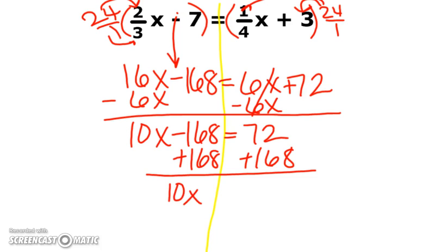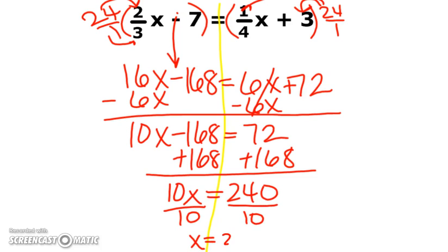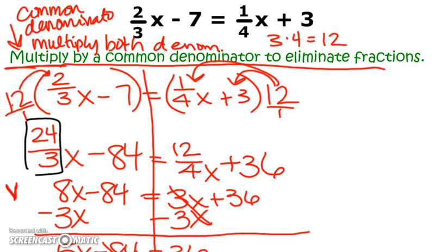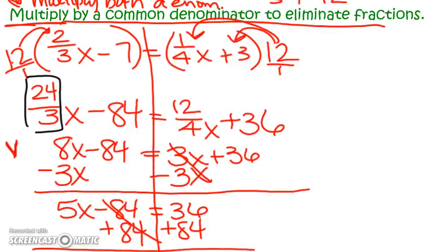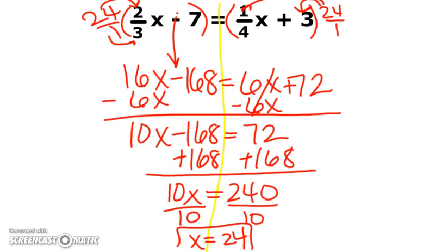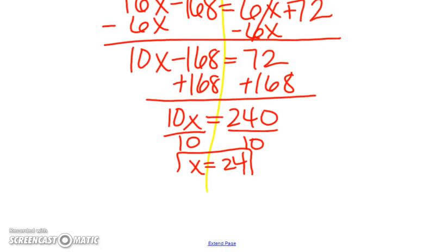So 10x equals 240. Divide by 10, divide by 10, and x equals 24. And you will notice that your solution is the same thing as what we got on this slide. So it doesn't matter which common denominator you multiply by, and the answer is no. Make sure you're pausing or rewinding if you need help answering these questions.